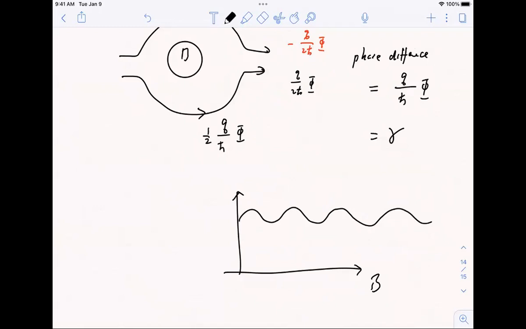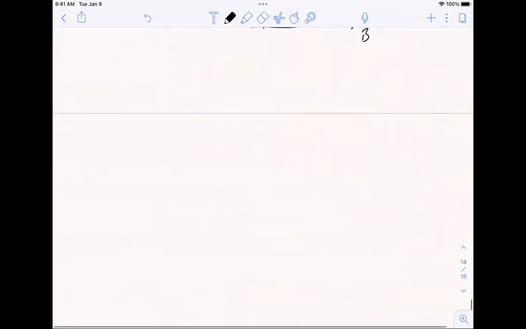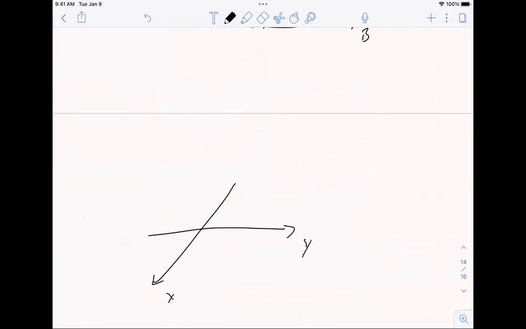The next lecture we will consider the case in solid state physics. Just briefly mention, in solid state physics, you have a Brillouin zone, kx and ky. Let's say you have a piece of graphene, this is the Dirac cone.